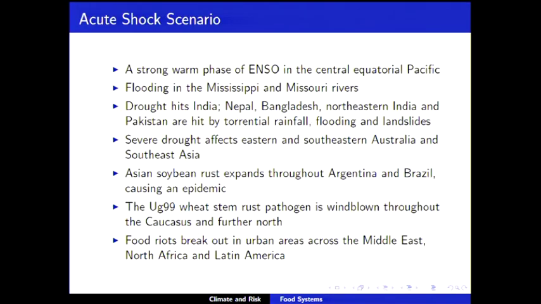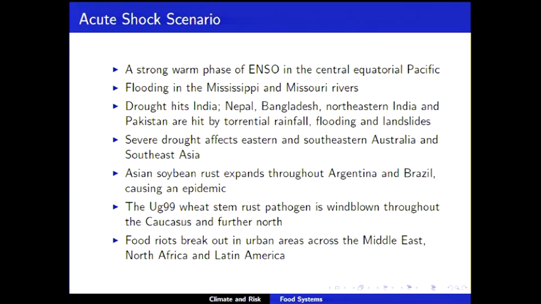And so, El Nino. Suppose there is a stronger than usual warm phase of El Nino. And El Nino, we all know, is in the Pacific, right? El Nino is sort of a driving force of our climate. So it affects the climate worldwide. Let's say, as a result, there will be flooding in the US, specifically the Mississippi and the Missouri rivers, and large fractions of land that are used for cultivation cannot be used. Crops get lost.